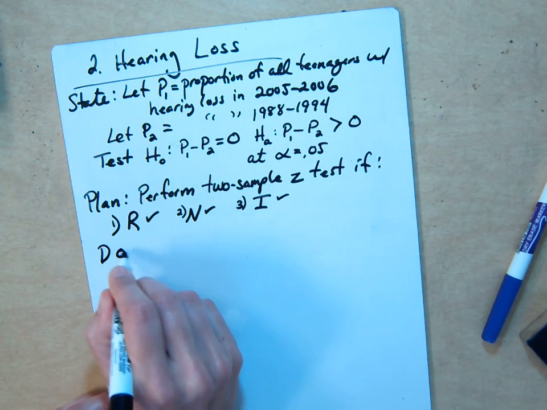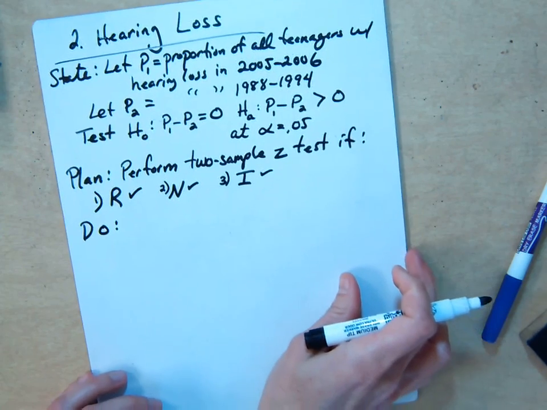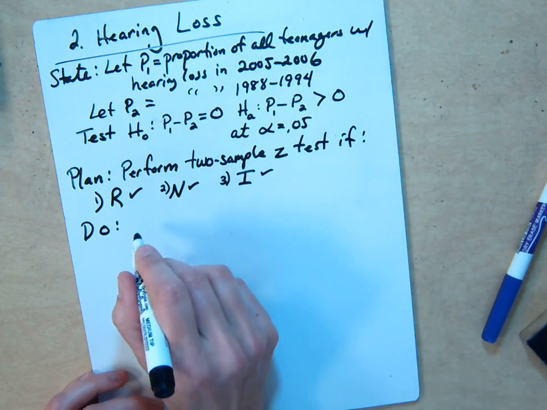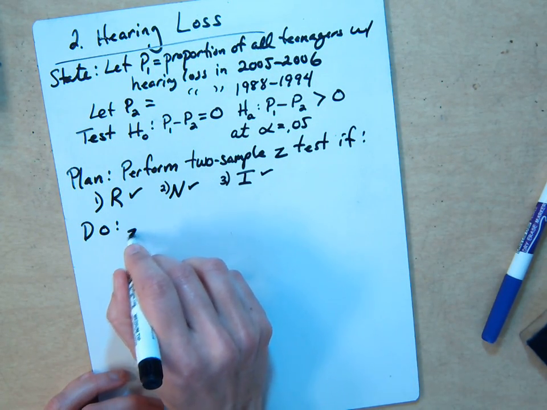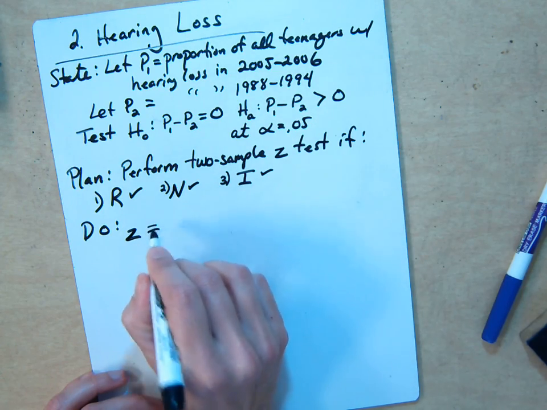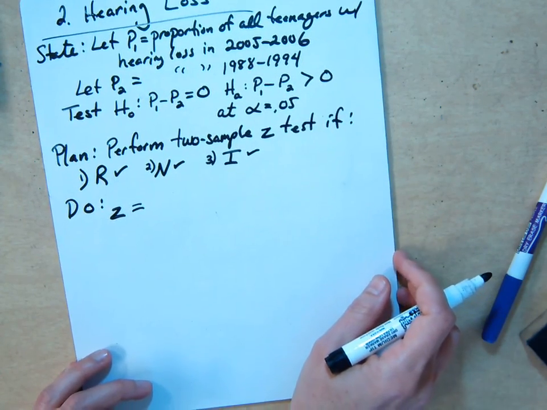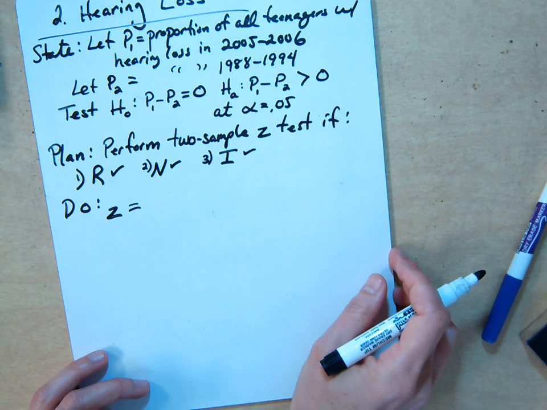Do. Okay, I'll write out the formula first. Even though on the homework and the test you don't have to, I just want it there so you can see it in the examples. So we need to find the test statistic.